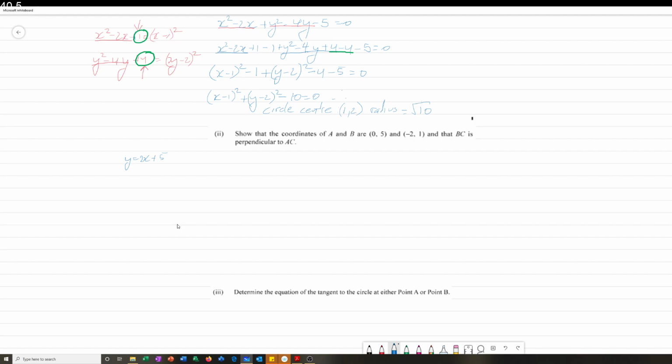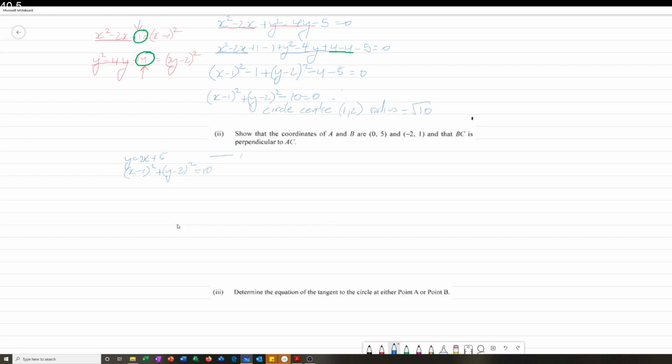And of course the equation of the circle, well, let's use this form here, the simplified form, (x minus 1) squared plus (y minus 2) squared, and we'll keep the 10 on the other side.